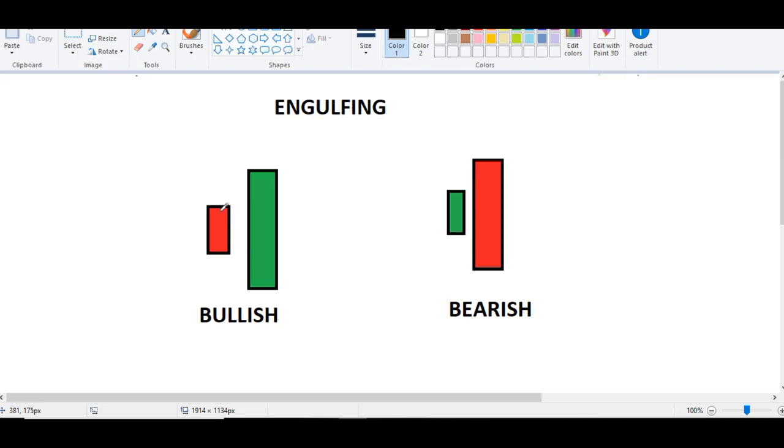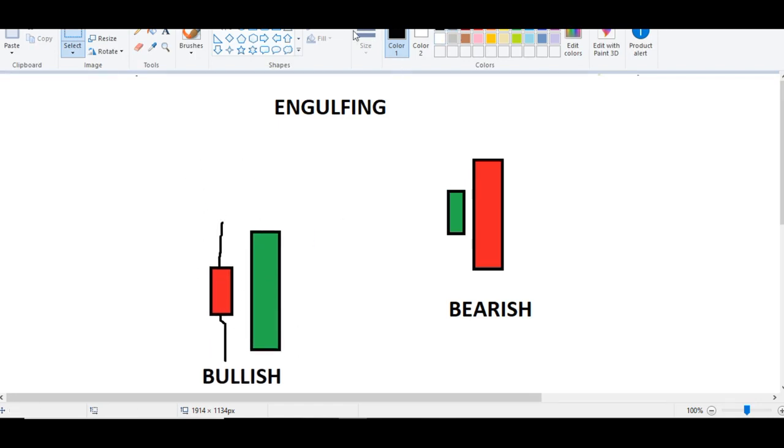Now keep one thing in mind, we're just comparing the bodies here, right? We're not looking at the high or the low. So if this red candlestick was like this, where the high and the low were greater than this green candle, this is still considered a bullish engulfing. Why? Because we're looking at only the bodies and not the wicks, not the high and the low. Okay, so now where do we want to see bullish engulfing patterns?